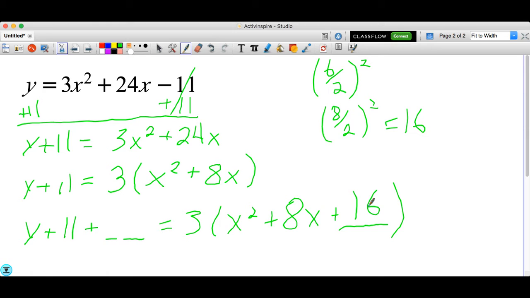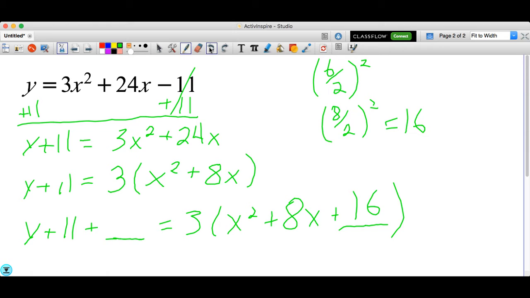Now, here's the big step, guys. Here's where you got to focus up. Here's where you have to pay attention. It's about to get really confusing. We're not going to add a 16 to the left side because that's actually not the amount of value or the amount of weight that we put on the right-hand side. An analogy I like to use here, and this goes better if you've ever been in a weightlifting class or anything like that, is we didn't add 16 pounds to the right-hand side.